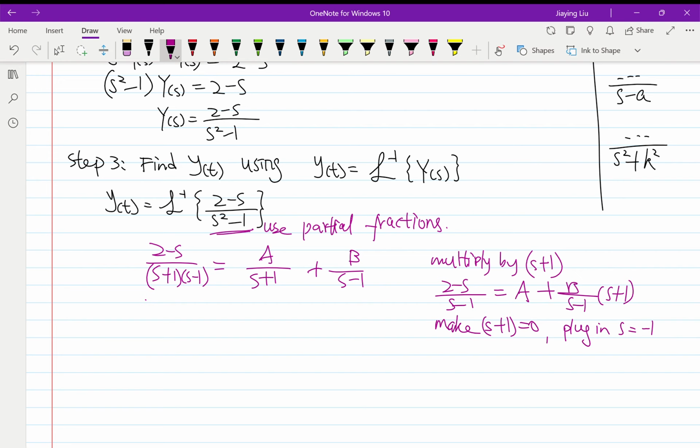This part doesn't have s plus 1, so it doesn't change. But this term, because we have s plus 1, if we make that 0, that's going to go away. So we get 2 minus negative 1 over negative 1 minus 1 equals a. Turns out to be negative 3/2.